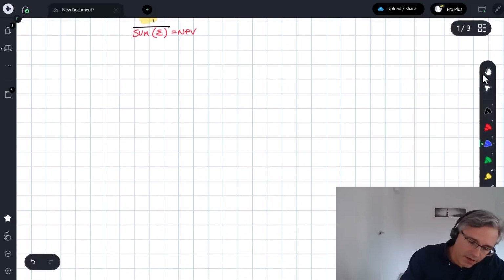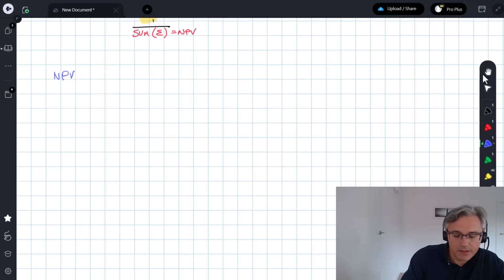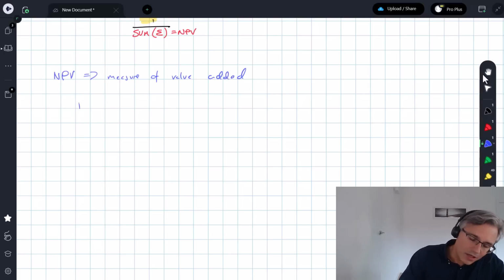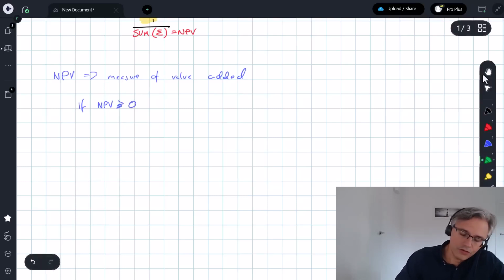Now, very importantly, NPV is realistically a measure of value added. So if the NPV computation yields something that is equal to or above 0, you should ultimately probably accept that kind of project.